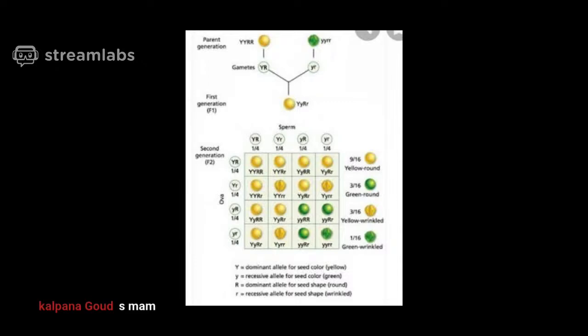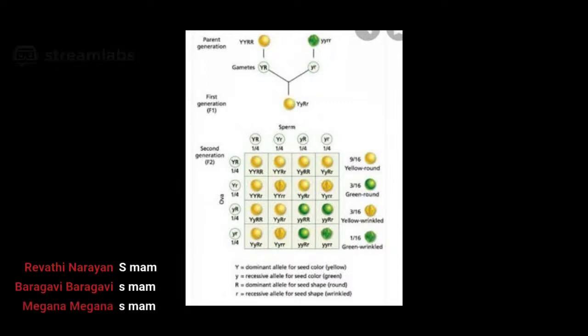You want to draw the checkerboard, frame the gametes, and then finalize what will be the output. Here, when you practice this way, if they ask to draw the dihybrid checkerboard, definitely this image will be helpful. You want to draw the checkerboard completely based on the gametes.